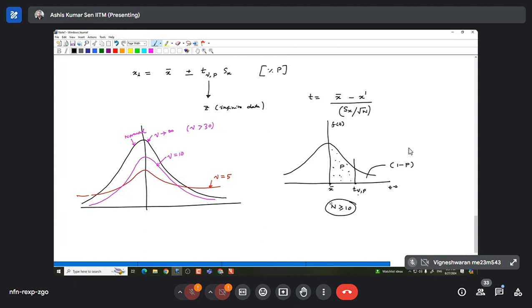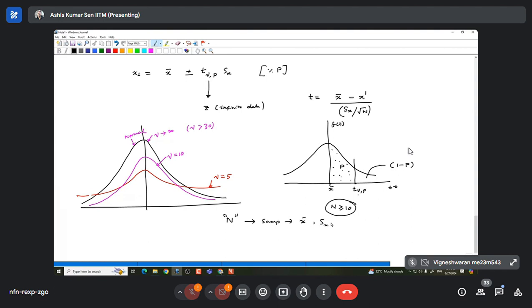Let's say we have taken n data points for the sample, and we get our x mean and standard deviation. Let's say you picked some 20 bearings and you measure the mean diameter and standard deviation.